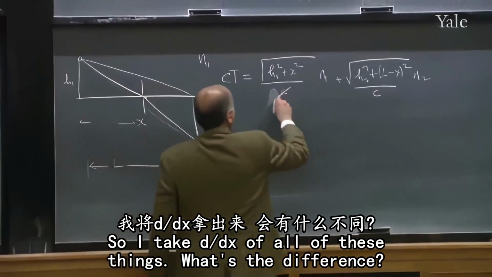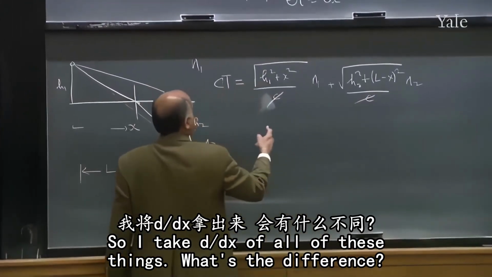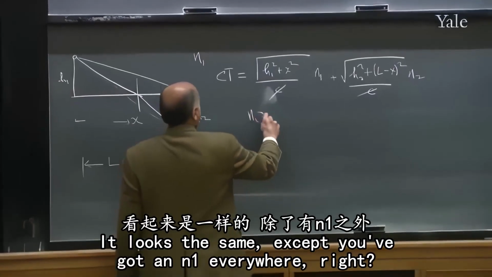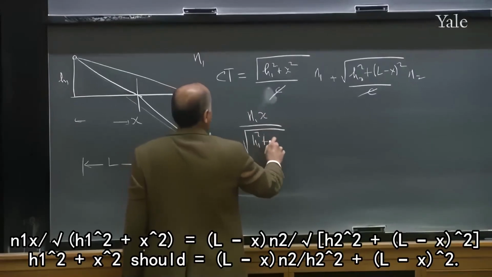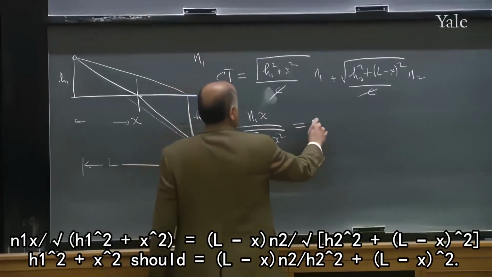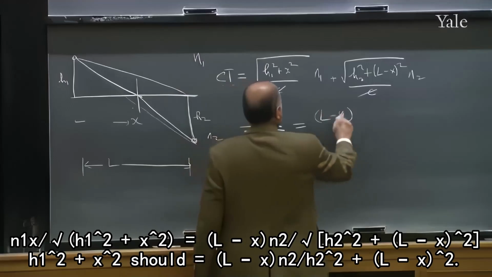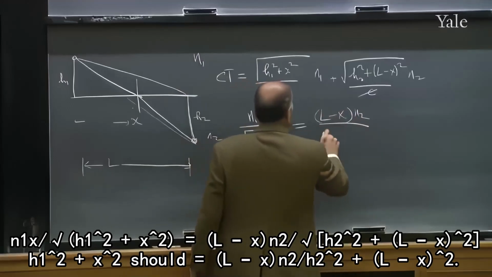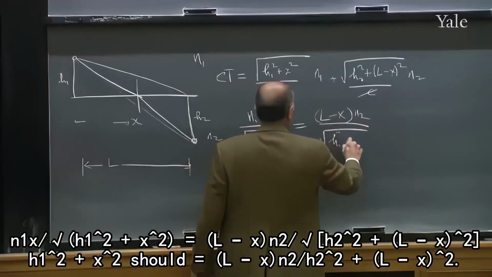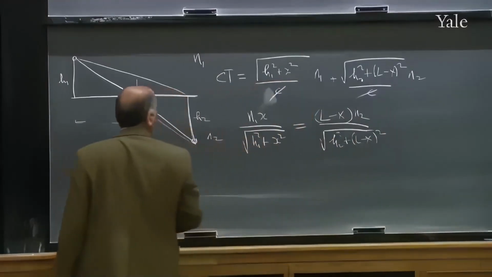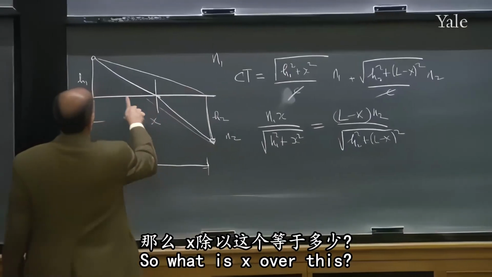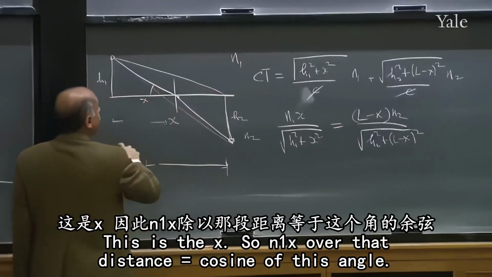So I take d by dx of all of these things. What's the difference? It looks the same, except you've got an n1 everywhere, right? n1 x over the square root of h1 squared plus x squared should be equal to n2 times (L minus x) divided by the square root of h2 squared plus (L minus x) squared. So what is x over this? This is the x.